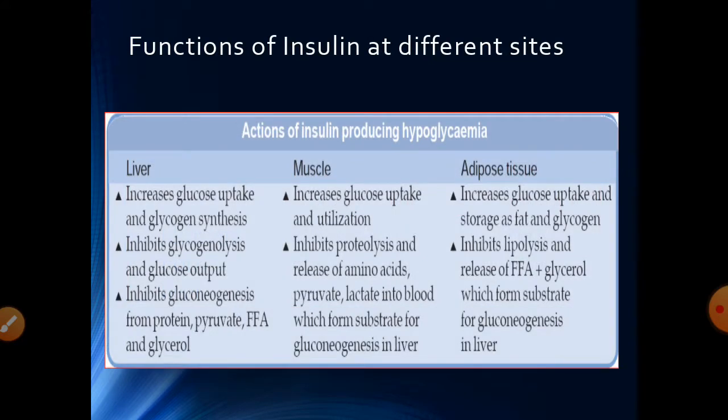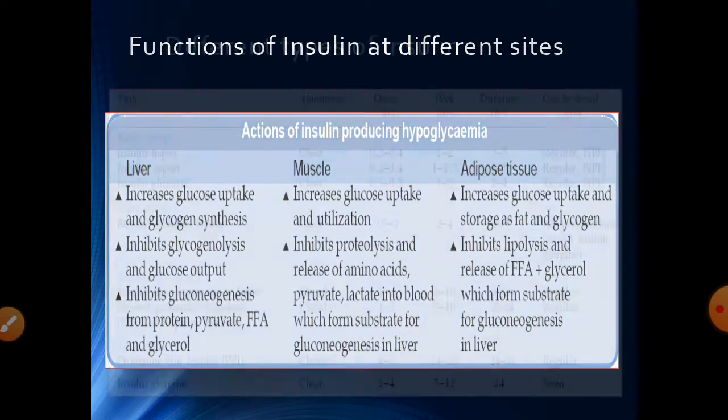Then for functions of insulin, this is also for clearing your doubts. There could be the fewest questions. I think no questions could be asked from this directly, but they could ask you which process adipose tissue is responsible for. It is responsible for inhibiting lipolysis and release of free fatty acids, by the action of insulin on adipose tissue. So this question can be framed from this.